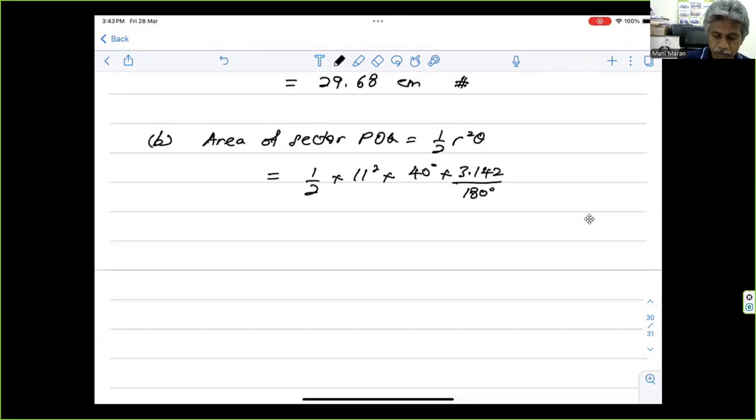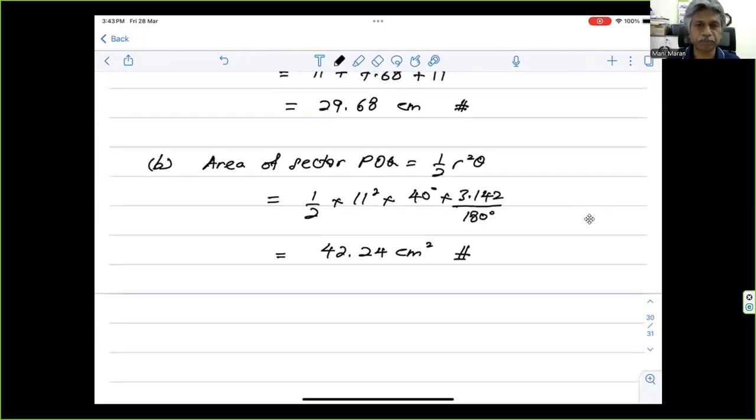If you work it out, you'll get 42.24 cm square. Now remember, this is area, so the unit will be cm square. That is part B, area of sector.